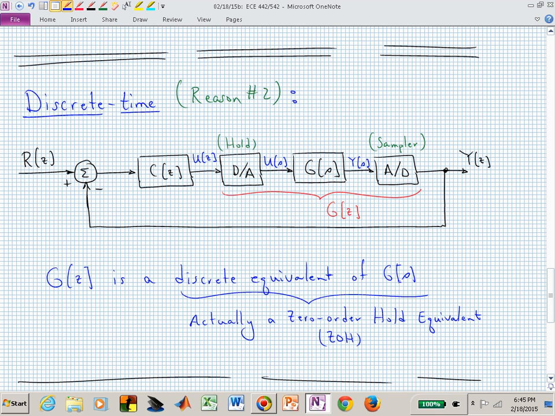We'll pull all of those together to create another discrete equivalent, meaning our discrete equivalent will incorporate the D to A and the A to D. The hold device and the sampler will put all of those packages around the plant and generate a G of Z so that we can get rid of all of those and just have a G of Z in our diagram or in our analysis or in our design. Those are the two reasons, situations that we want to worry about. We will start next time learning how to take G of S to G of Z.